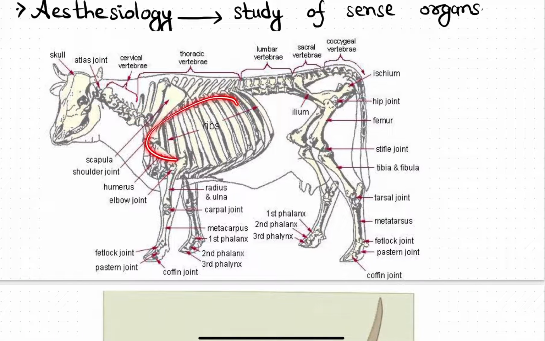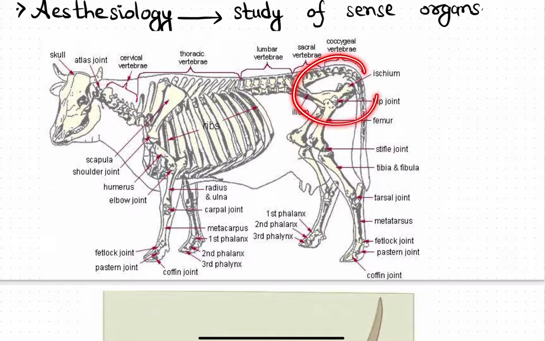Now after that we have these ribs. This is the scapula bone, this is the shoulder joint, this is the humerus bone, this is the elbow joint, this is the radius and ulna, this is the carpal joint, this is the metacarpal. Then we have phalanges. So this is the diagram of an ox.